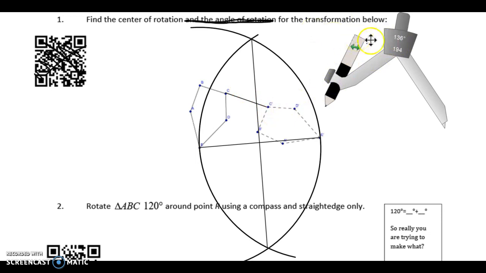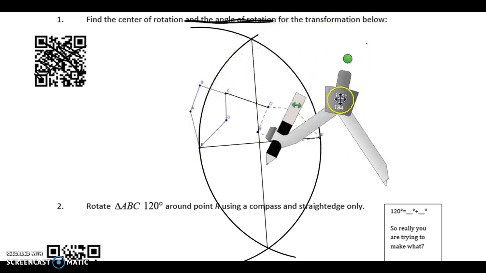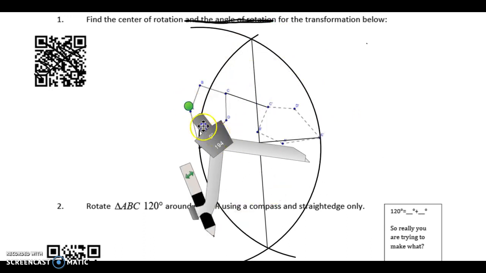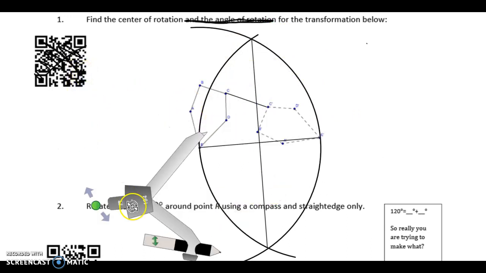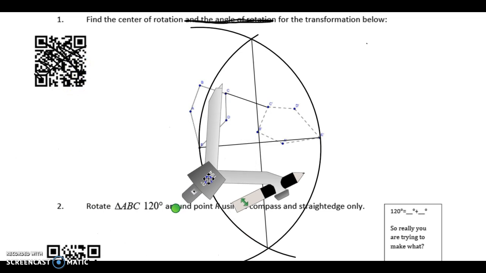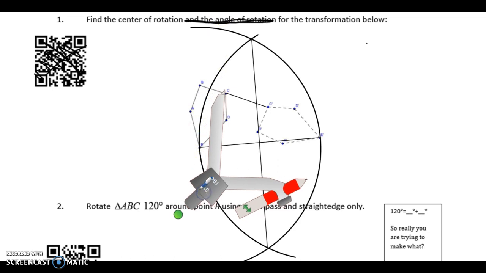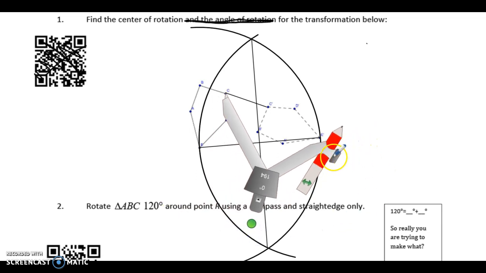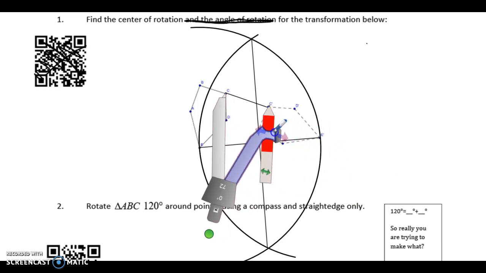Again, use your compass to bisect that segment. Let me rotate this. I'm going to pick a different color pen just so you can see the difference here. So I'm going to go C and close this up. Rotate just a little.